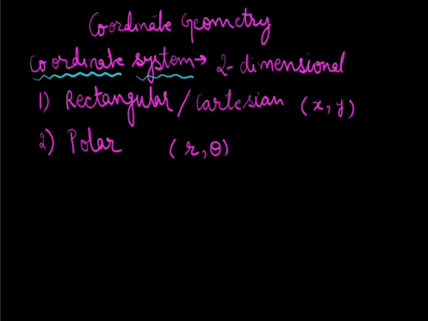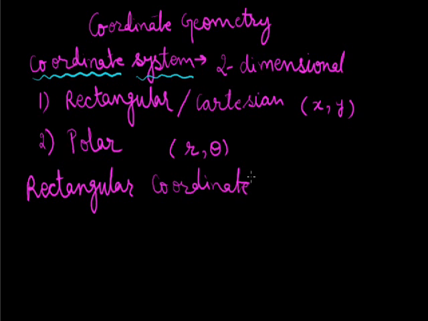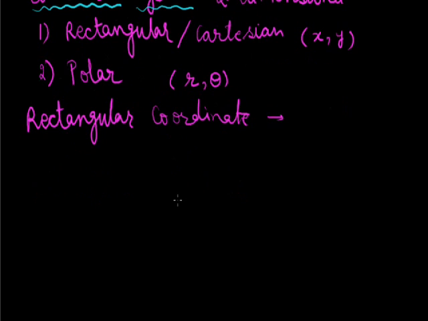What are the rectangular coordinates? Rectangular coordinate axes. There are two perpendicular axes in the system. These represent the x-axis and y-axis respectively.